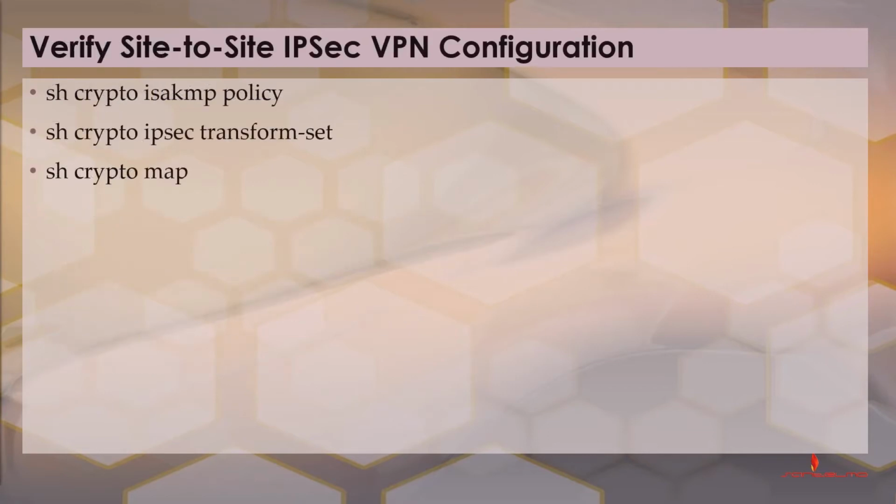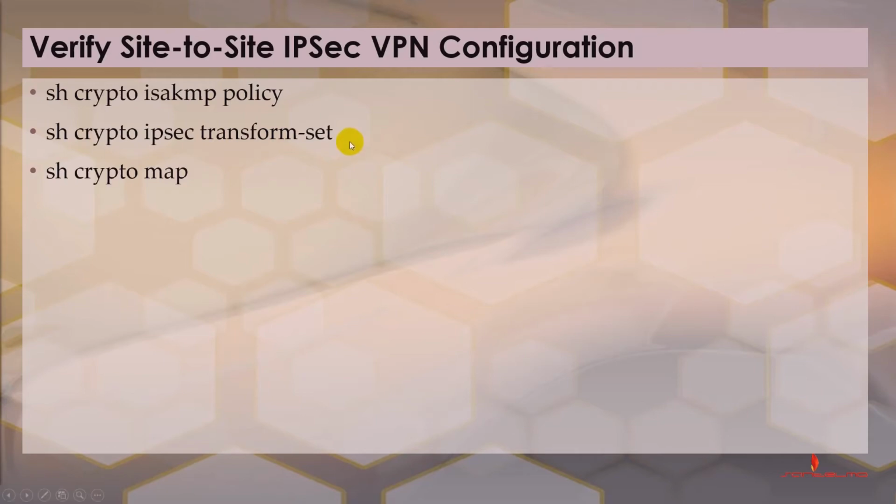Next, once we have successfully configured the topology, we can verify the site-to-site IPsec VPN configuration using the following commands. The first command is show crypto isakmp policy. This is used to display the configured ISAKMP policies on the router.